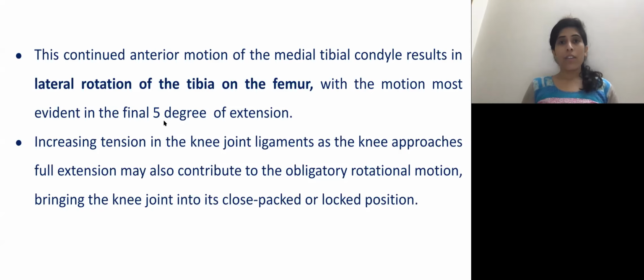And whenever we want to do the flexion motion, we require to unlock the knee. And to unlock the knee for the flexion motion, we require the medial rotation of the tibia.